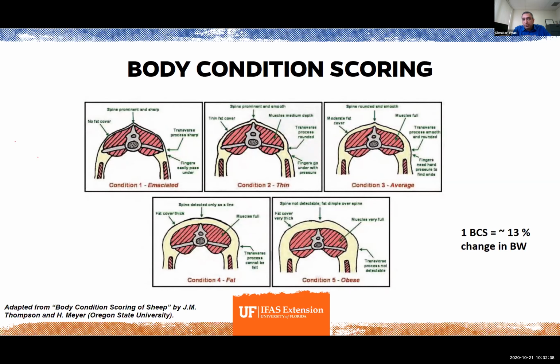Now, after a couple of weeks, we measure body condition score, and now she is 2. So that means that she has lost around 13%. So quick math, 150, 13%, around 20 pounds. She has lost around 20 pounds of weight. So this is a thumb rule of how body condition score can give us an estimate of the body weight.